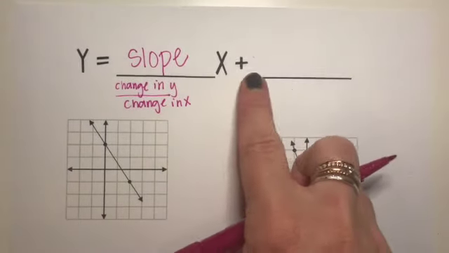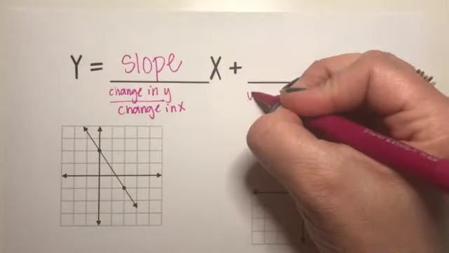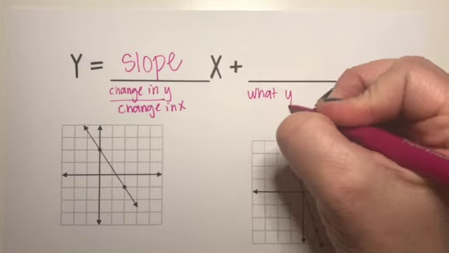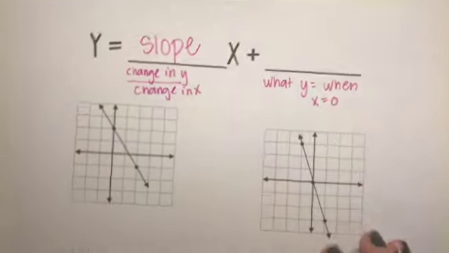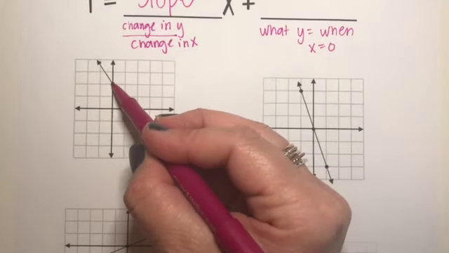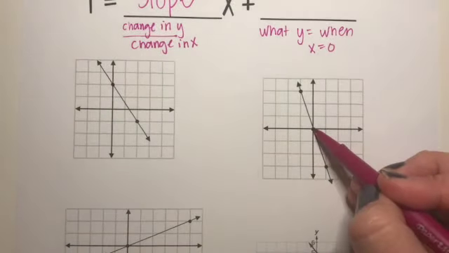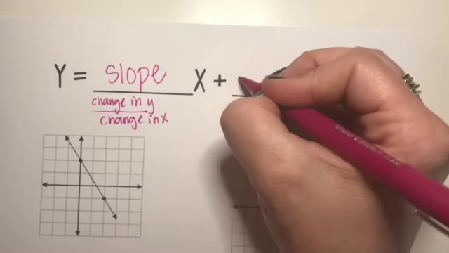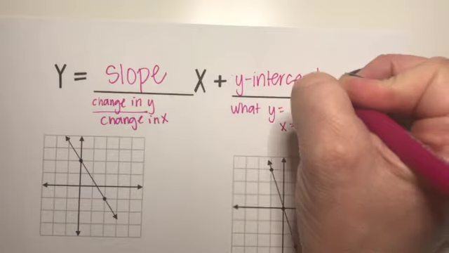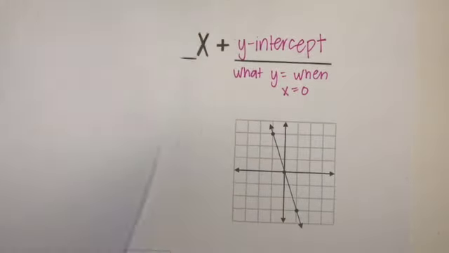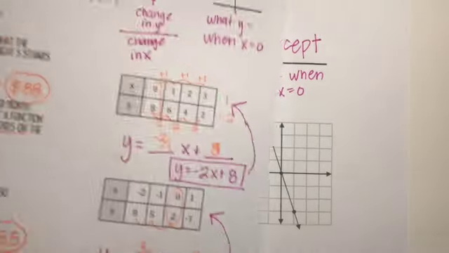And then what's another name for what y equals when x equals 0? So when x is 0, what's that y? That's the exact same thing as the y-intercept. So like back on your last page, right?